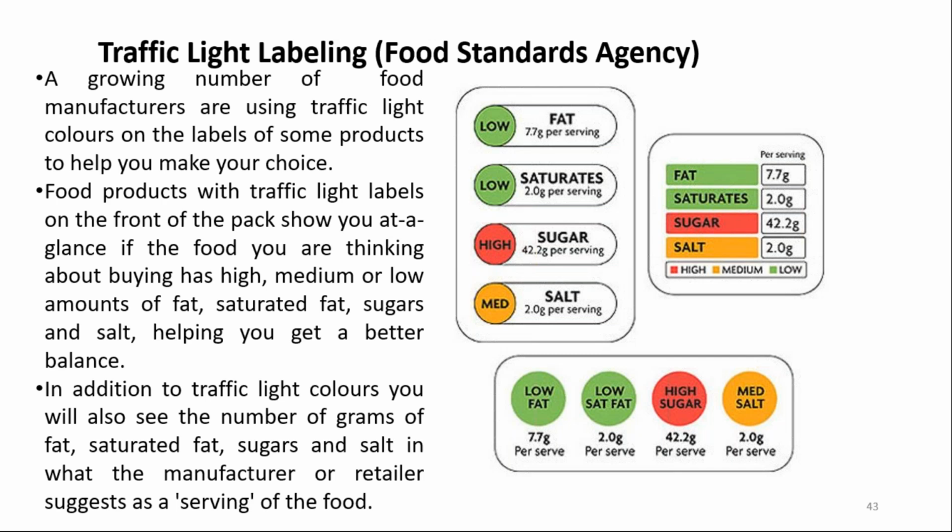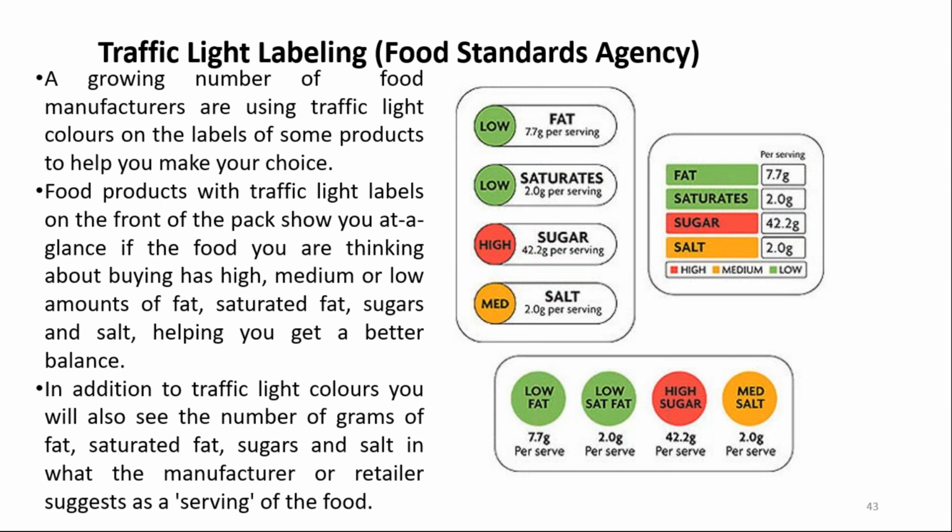Therefore, it may not be suitable for diabetics and for those with hypertension. It is low in fat and low in saturates. And the traffic light symbol is to show you that if it is green, it is safe to eat. If it is medium, it is medium safe. And if it is red, it is a danger to keep eating those foods.